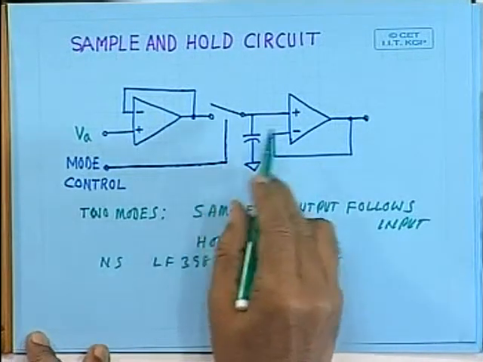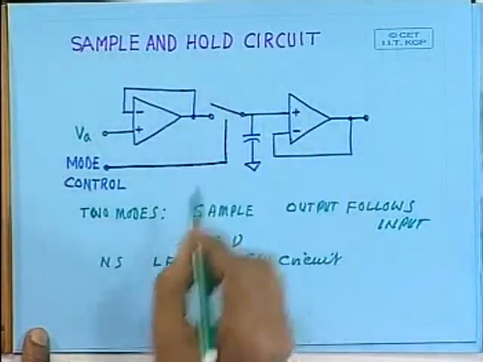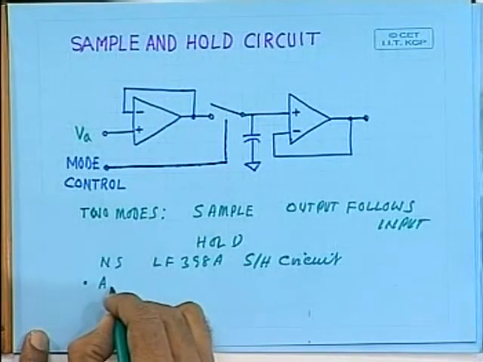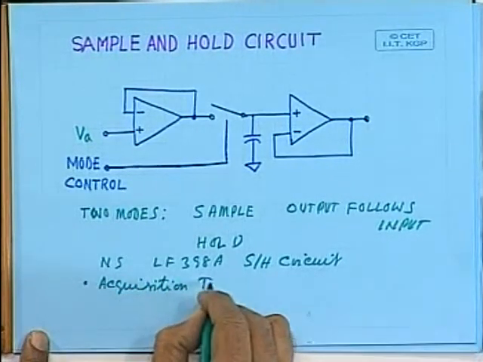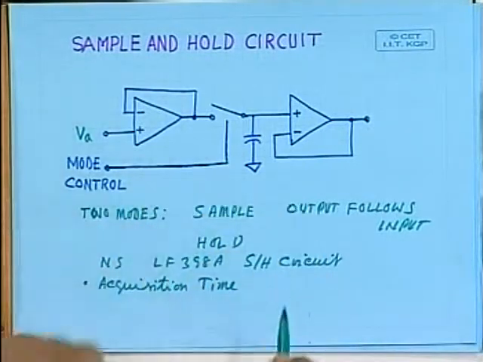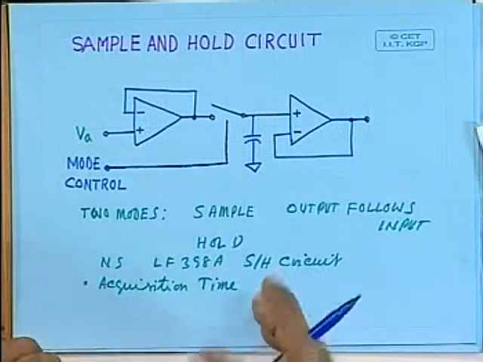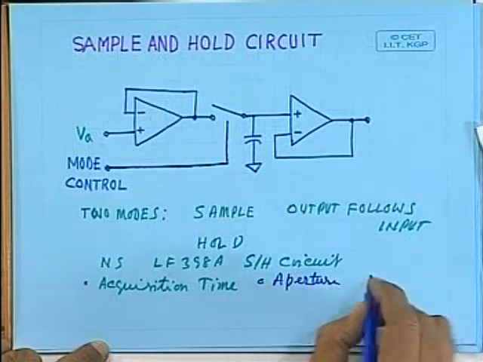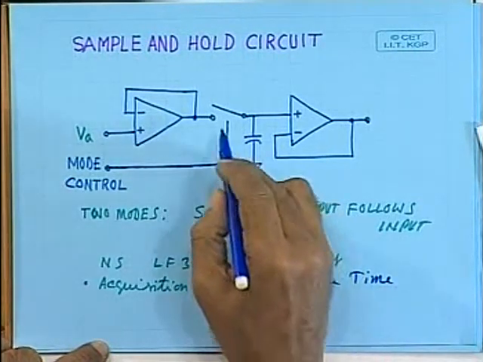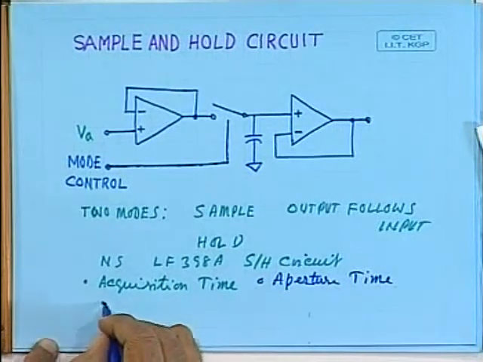You have to look at several parameters whenever you choose a sample and hold circuit. These parameters are acquisition time, how quickly the data can be acquired, then aperture time, how quickly the changeover takes place from sample to hold, then third is droop.